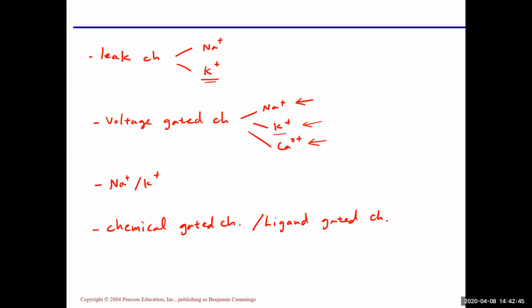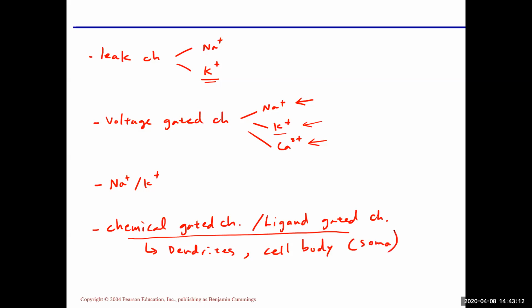A chemical gated channel can also exist in the nerve when neurons communicate with one another. Mostly you're going to see these chemical gated channels on the dendrites, as well as on the cell body, also known as the soma. In reality, what we want to discuss is mostly right over here.